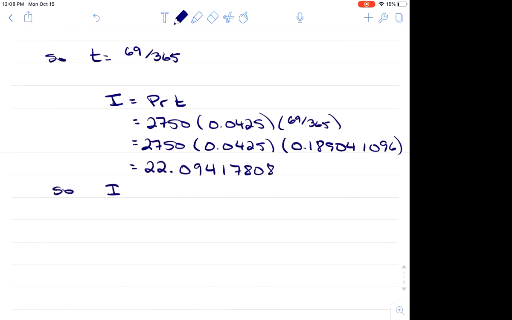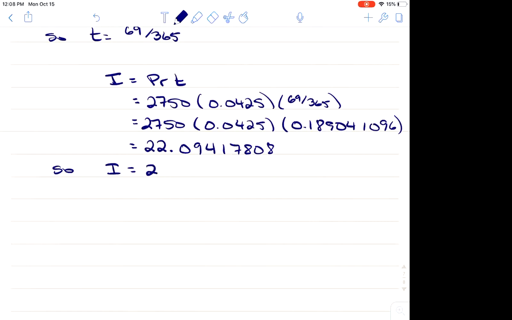So the amount of interest that she's gotten is $22.09. Better than nothing, but not that great. That is true. That is really true. Okay. So the amount of interest that she earned between June 26th and September 3rd would be $22.09.